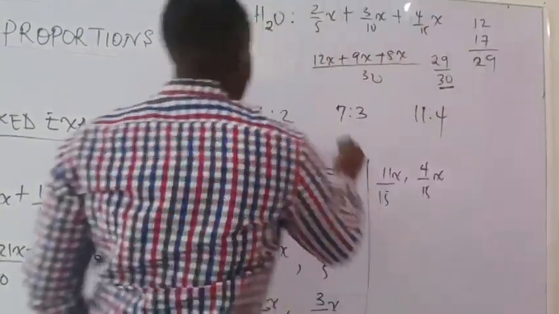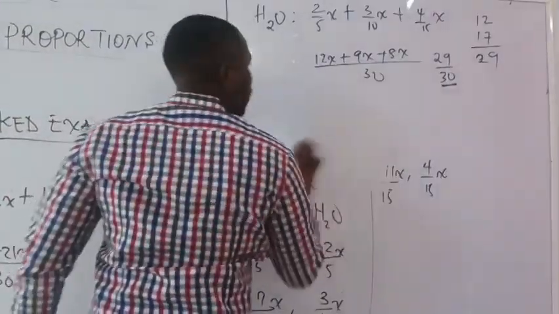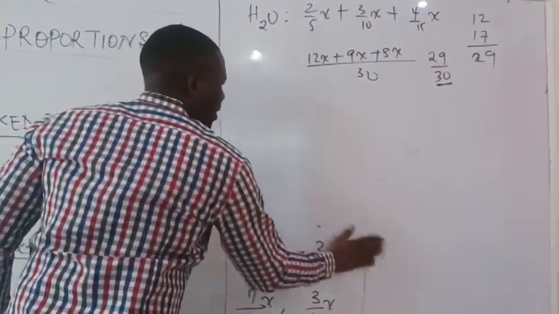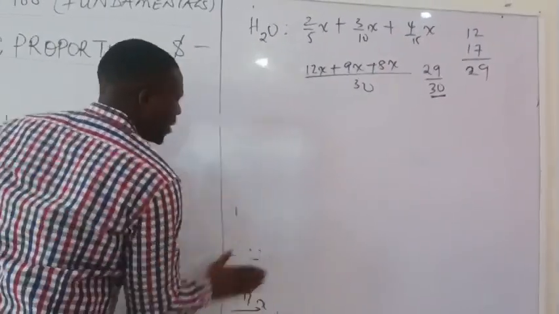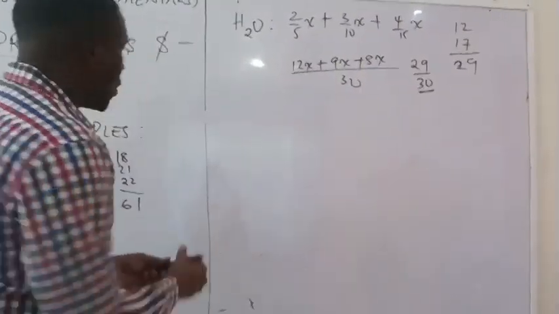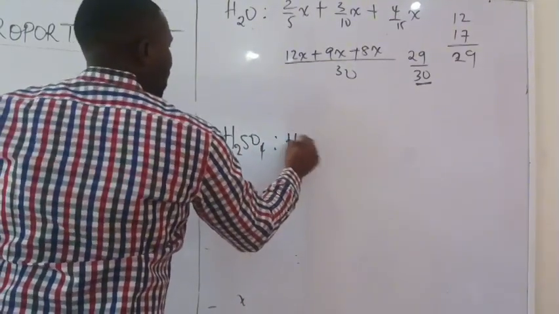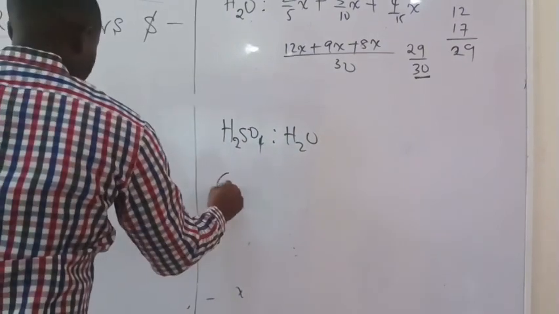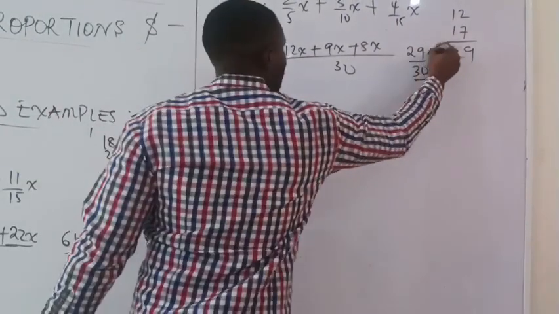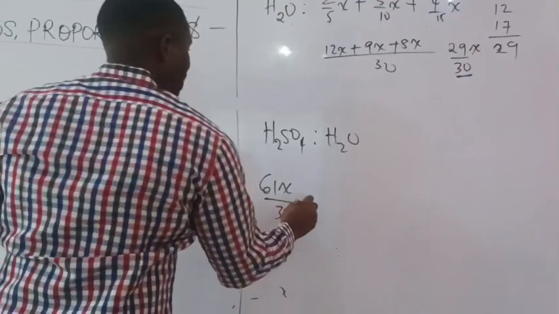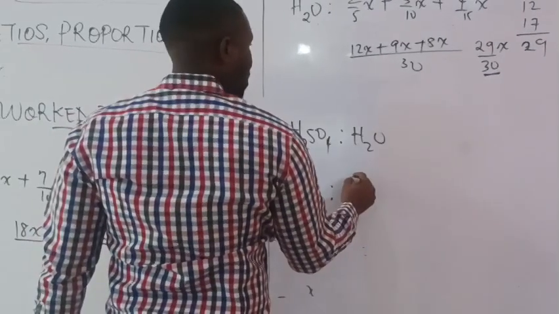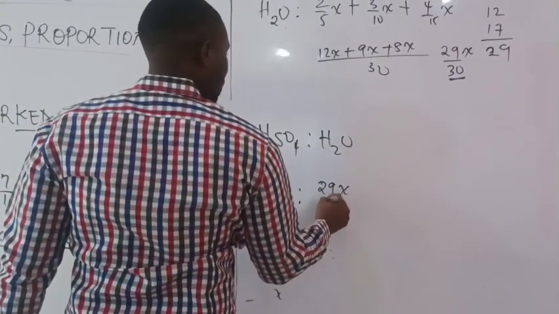So the final answer for the ratio of sulfuric acid to water, if all were mixed in the 3 containers of equal capacity, will be, for sulfuric acid to water, we have 61x/30 to 29x/30.